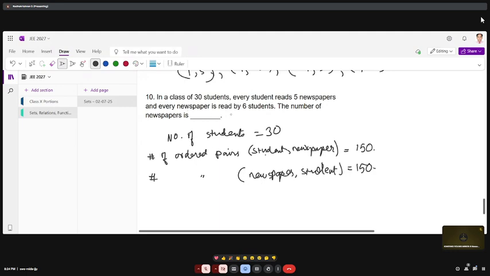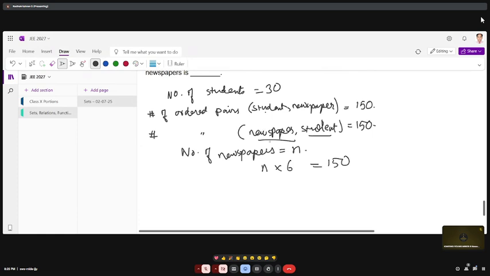Now, every newspaper is read by 6 students. Suppose the number of newspapers is n. Then the number of ordered pairs of newspaper, comma, student will be n into 6, because each is read by 6 students.